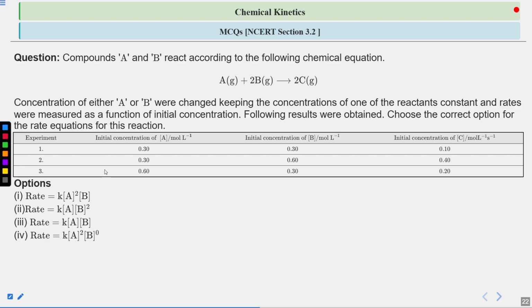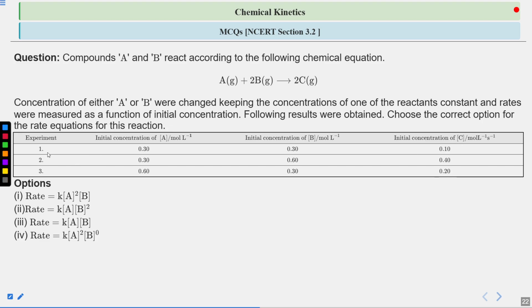As a function of initial concentration, rates are measured after changing the concentration of either A or B. This is the tabular data we get from this experiment, and you have to choose the correct option representing the correct rate equation for this reaction. The tabular data shows 4 columns: the experiment number, initial concentration of A, initial concentration of B in moles per liter, and the rate of formation of C in moles per liter per second.